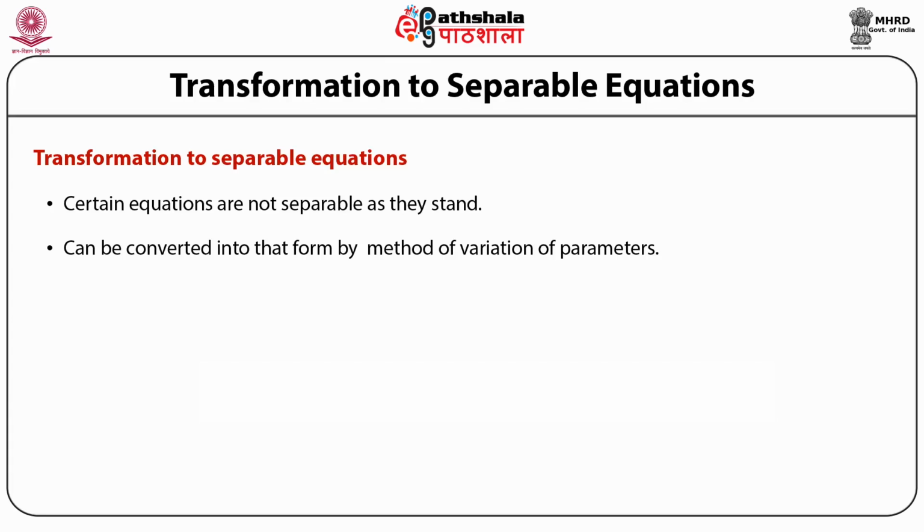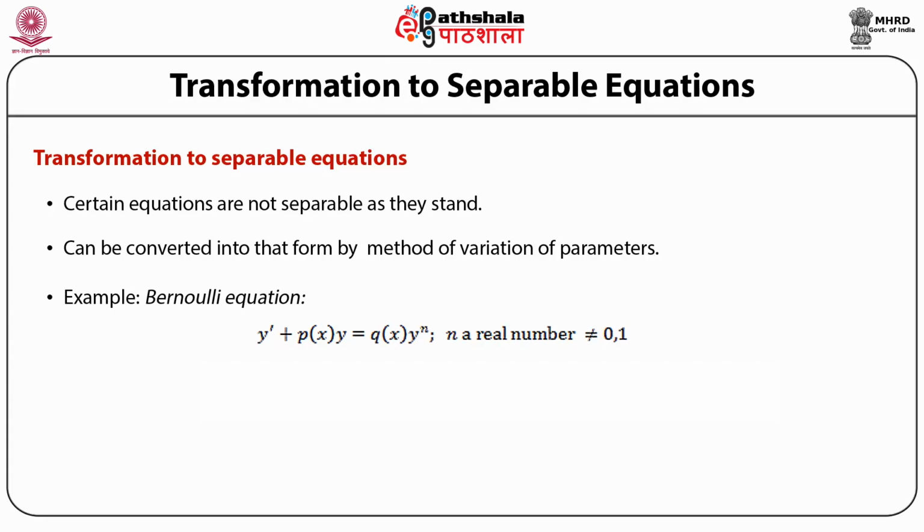Let us consider the example of Bernoulli's equation. Y prime plus p of x into y equal to q of x times y raised to power n, where n is a real number. For n equal to 0 and 1, the equation is linear and the methods of linear equations apply. So we assume that n is not equal to 0 and 1.